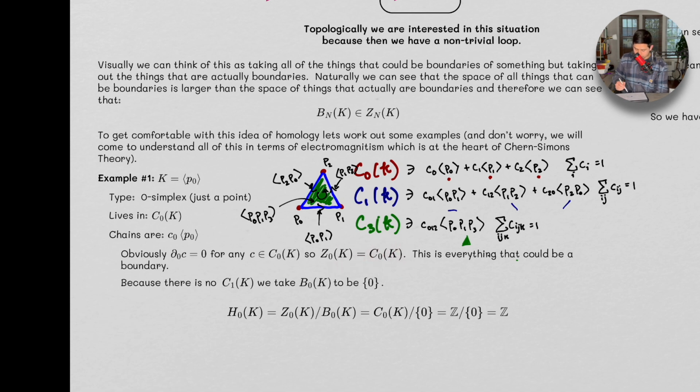Because again, this is just a point, and so this is everything that could be a boundary. So points are the only things that could be boundaries, because we're literally just looking at the space of points, the space of simplicial points. And because there's no C1 of K, we take the boundary to be 0, so we mod out 0.